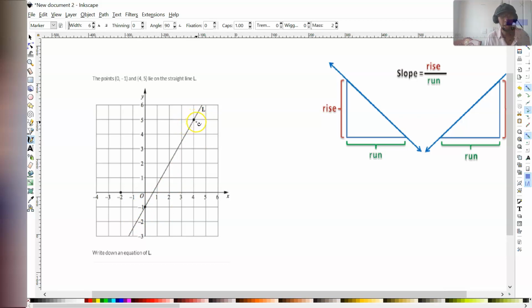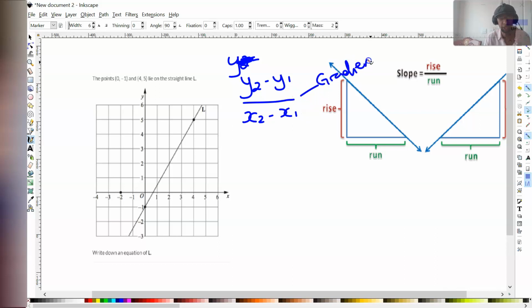This time I could do the same thing and use drawing the triangle, but instead I'm going to go with the formula that I showed you in another clip, which was y subscript 2 minus y subscript 1 over x subscript 2 minus x subscript 1, and this is to find the gradient, or slope. Let me label it here.